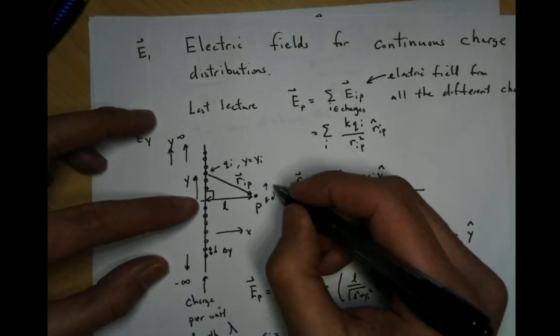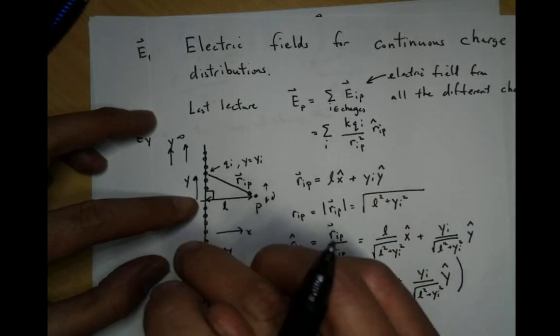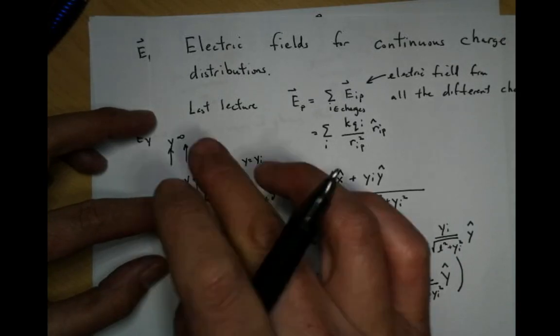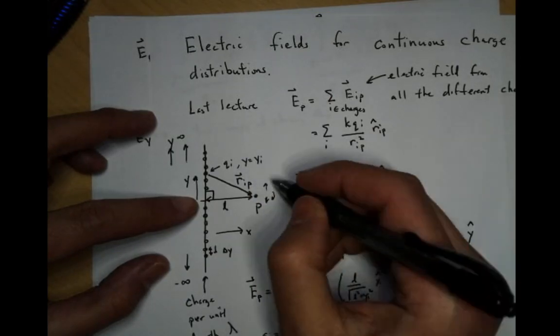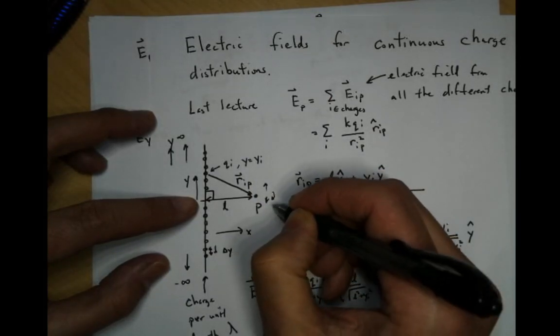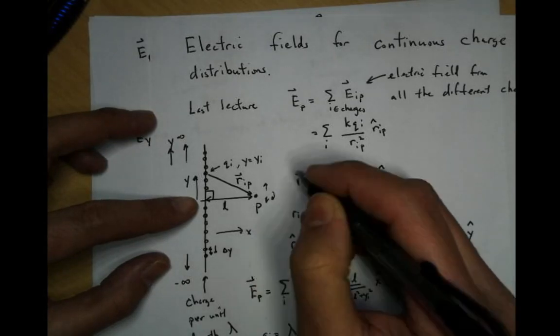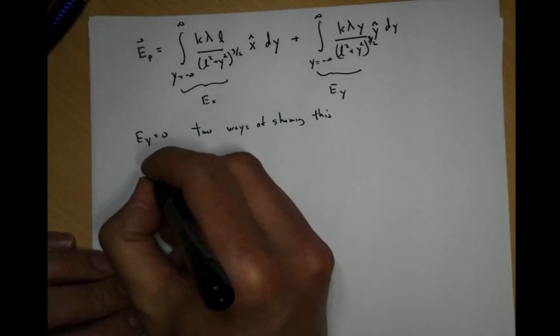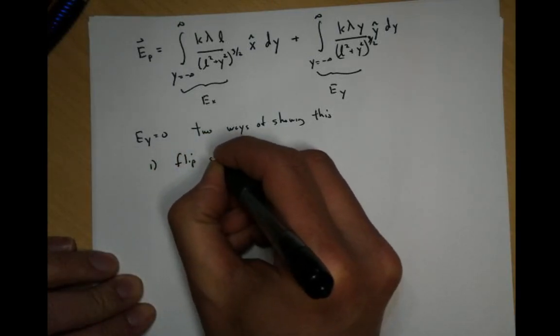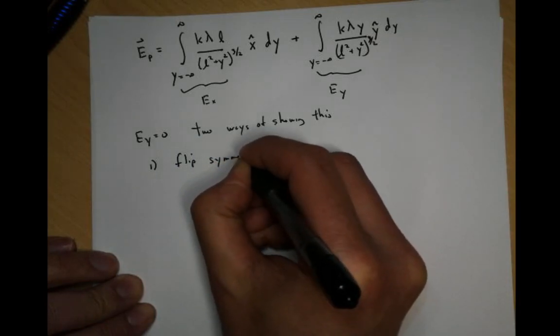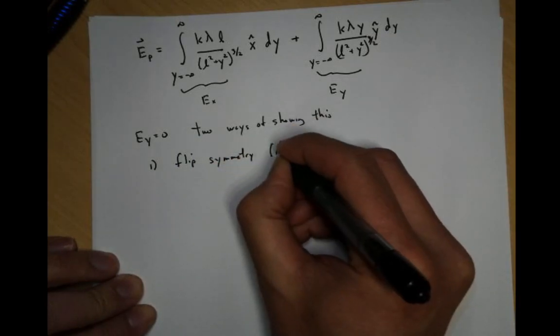But if I look at the situation again, nothing has changed. It is the same computation as before. So what that means is that Ey is equal to minus Ey, and that's only true if Ey is equal to 0. So the first way is by symmetry. This is actually called reflection symmetry.